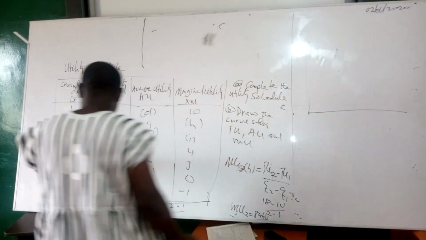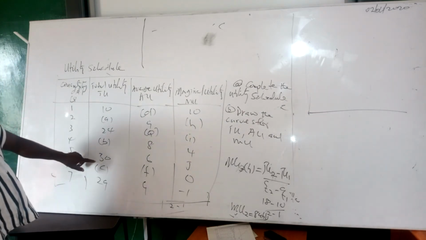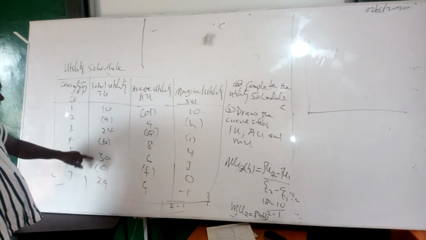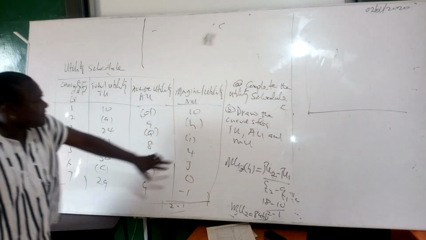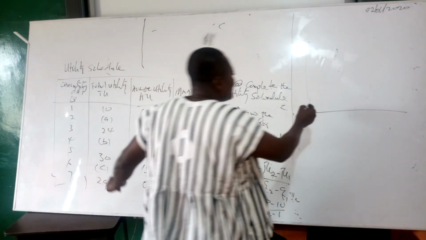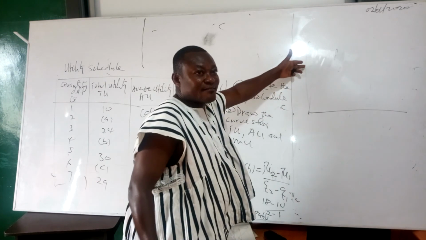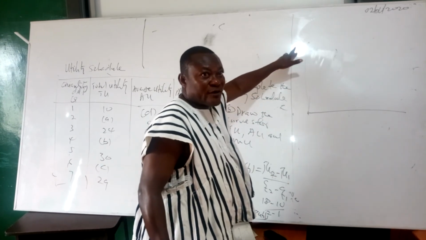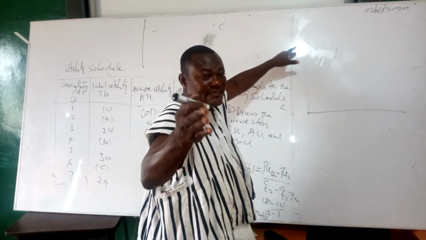Then you come here and pick the highest value on the data. The highest value here, according to this schedule, is 30. So you choose a scale which will be more appropriate to draw it, to make the curve correct and accurate.